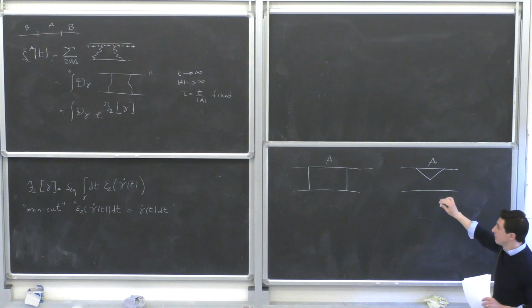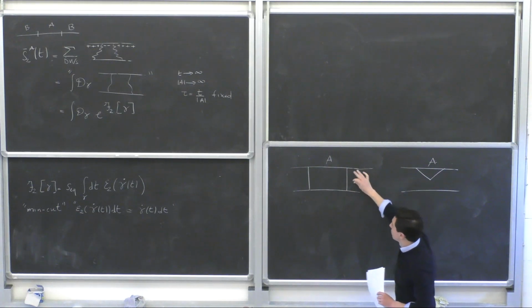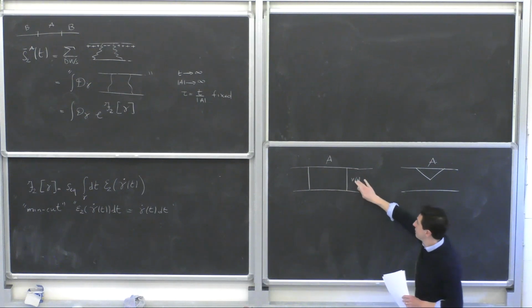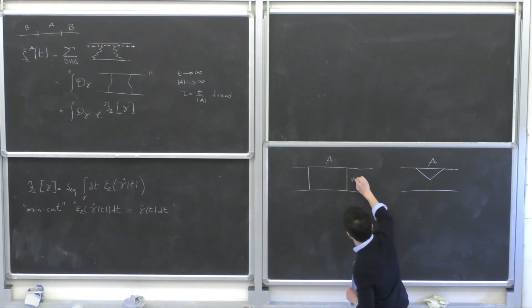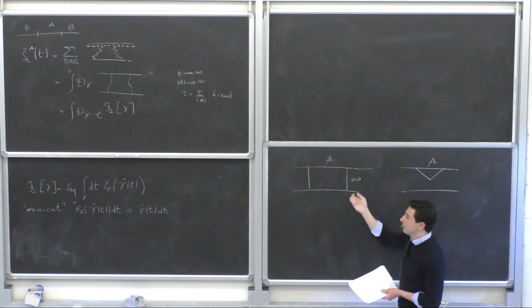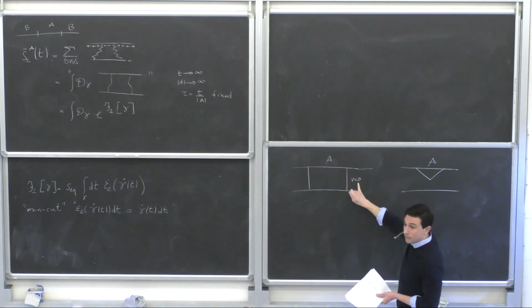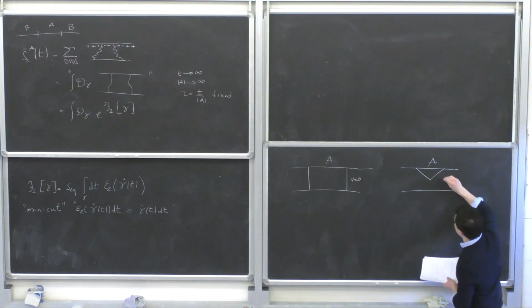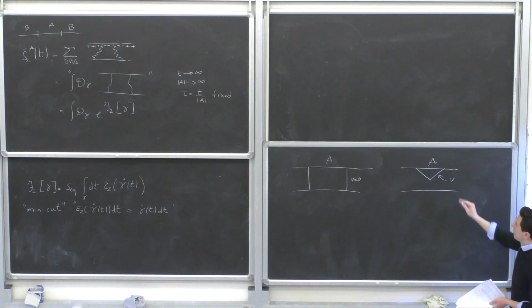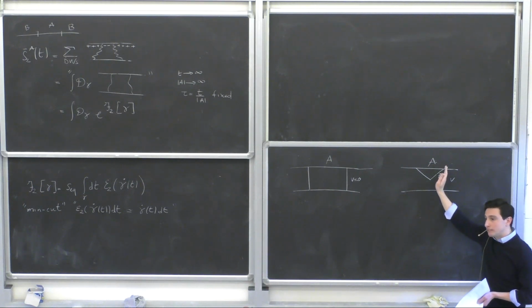Here, this would correspond to a velocity v equal to 0. So I'm associating to this curve, which is a straight line, a number, which I call velocity, and it's equal to 0 in this case. And here I'm associating to this curve a number, which is, again, the slope.